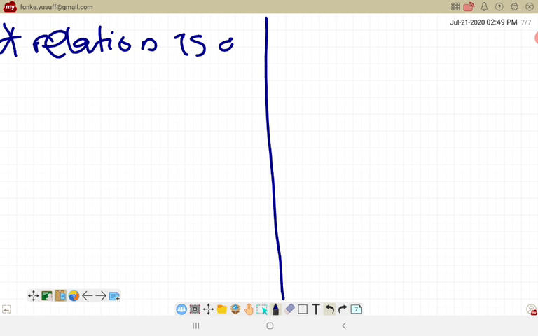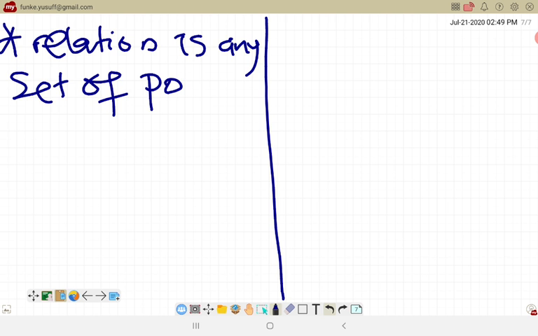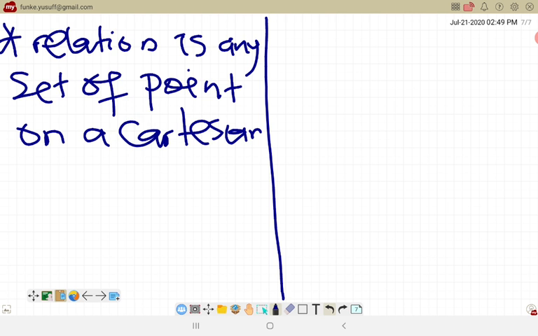It's still the same definition; we are just defining it in another way. A relation is any set of points on the Cartesian plane. For example, the set of points we just described in the last example is a relation.